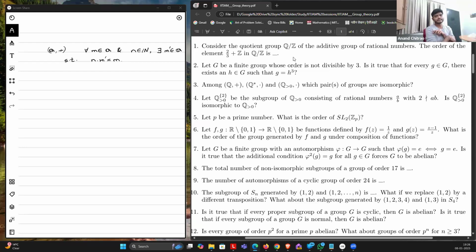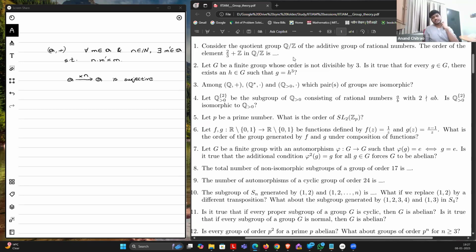Is that okay? Yes, sir. Which means the multiplication by n map, meaning doing the operation on Q n times, is surjective, right?